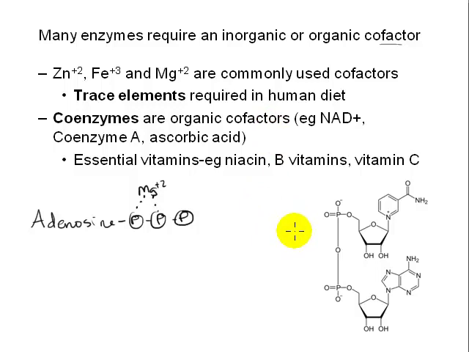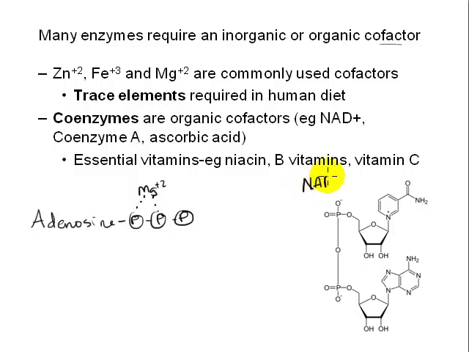Many elements that are required in trace amounts in the diet are necessary because they perform essential roles in enzyme catalysis as cofactors. Coenzymes are organic compounds that serve the same role, participating in enzyme-catalyzed reactions as essential partners. Many of these are derived from dietary vitamins like vitamin C and K, the B vitamins, niacin, and folate.